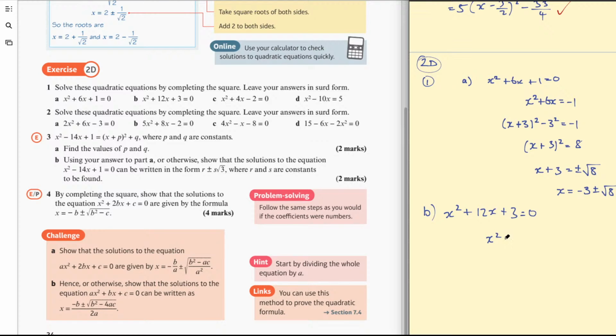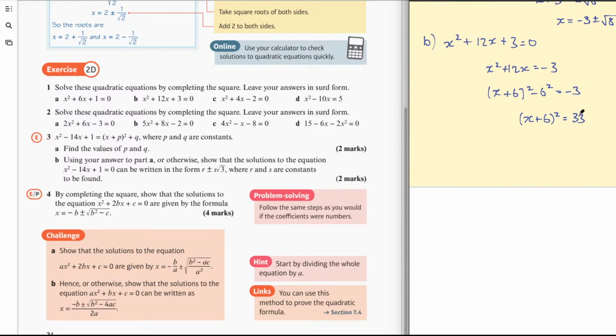We'll have x squared plus 12x equal to negative 3. Then use completing the square on the x squared plus 12x. We can write this as x plus 6 all squared take 6 squared equal to negative 3. And then x plus 6 all squared equal to negative 3 plus 36. That will be positive 33.